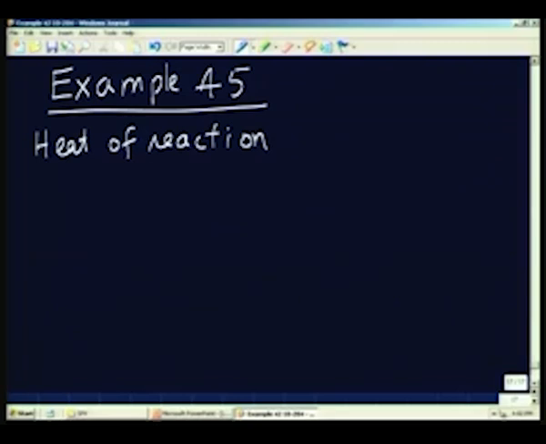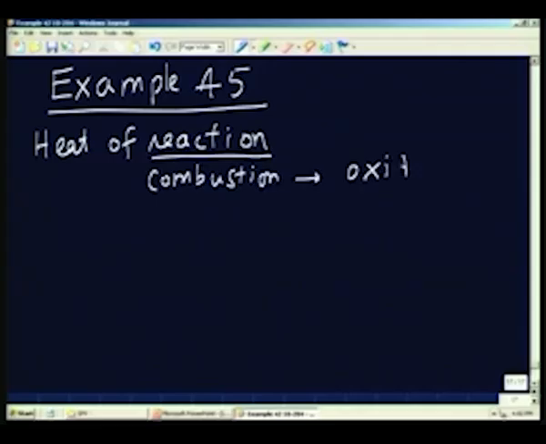Heat of reaction, combustion means it is nothing but oxidation of the fuel. The definition is that the entire reaction should take place at a standard condition.